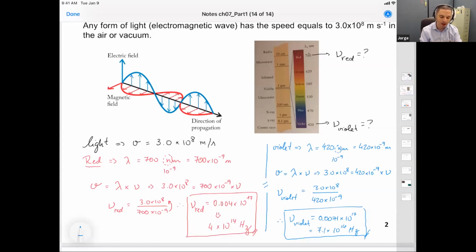So that means there is some sort of correlation between wavelength and energy and frequency and energy. Okay, so that's what we are going to discuss on Thursday. What is the correlation between the frequency and the energy of a wave, or the wavelength and the energy of a wave?